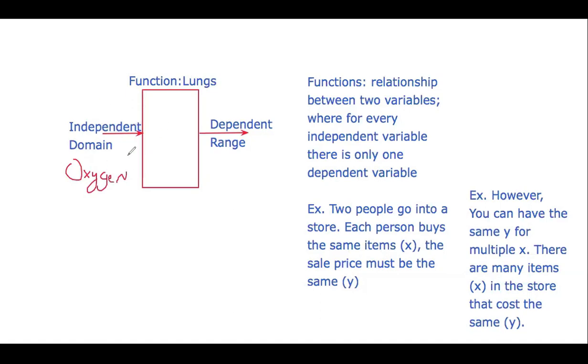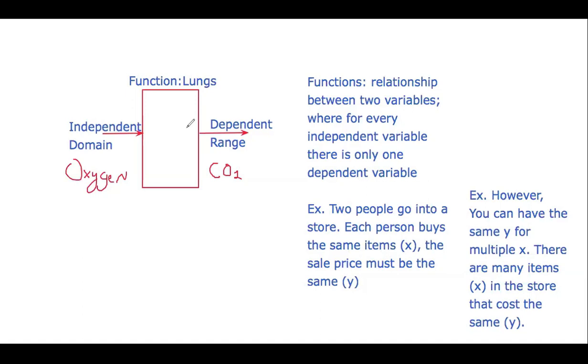So oxygen comes into our lungs, and our lungs process the oxygen and we release carbon dioxide, CO2, among other things. Very simple biological problem. Sorry for my biology majors. The function is probably more complex than that, but we're going to simplify it to understand how functions work.